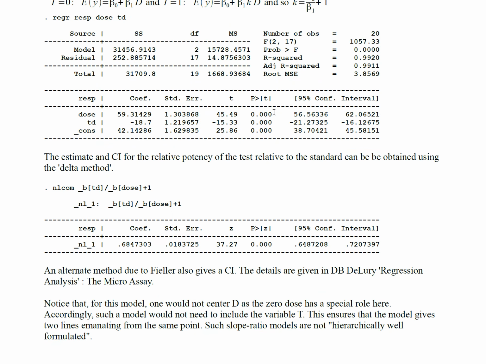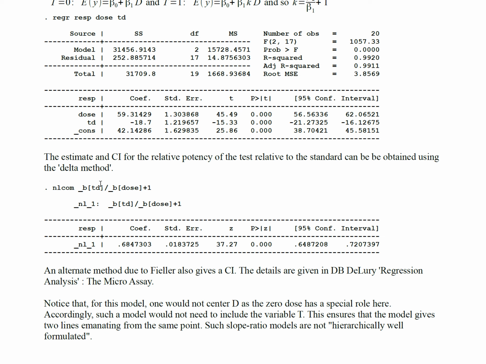Turns out that we can indeed use a command in Stata called nlcom. That is a post-estimation command that we're using, with the regression coefficient estimates that come from the fit, to construct an estimate and some confidence limits for the relative potency here.